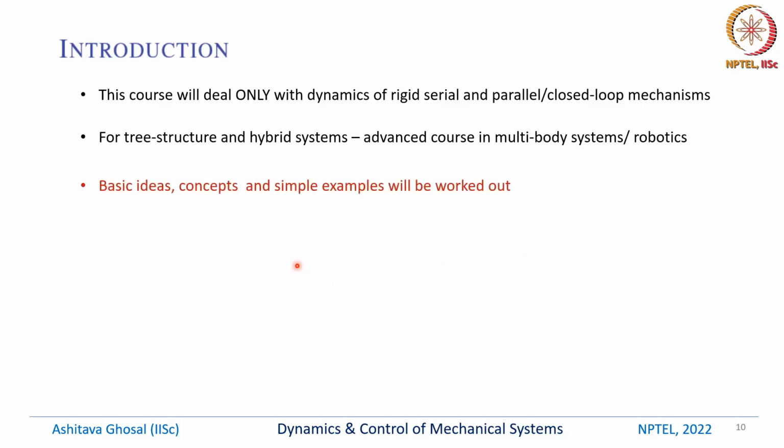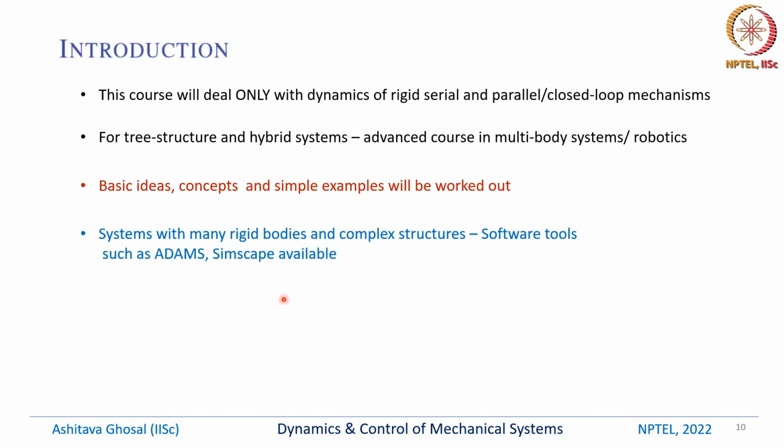We will also look at reasonably basic ideas and concepts, and most of the time these concepts will be shown through simple examples. It's not that the concepts are only valid for those examples, but it is easier to bring out the concept using simple examples, sometimes even planar examples.